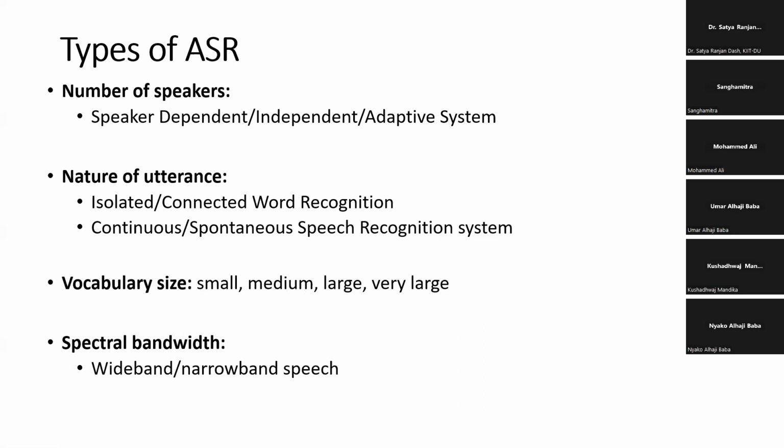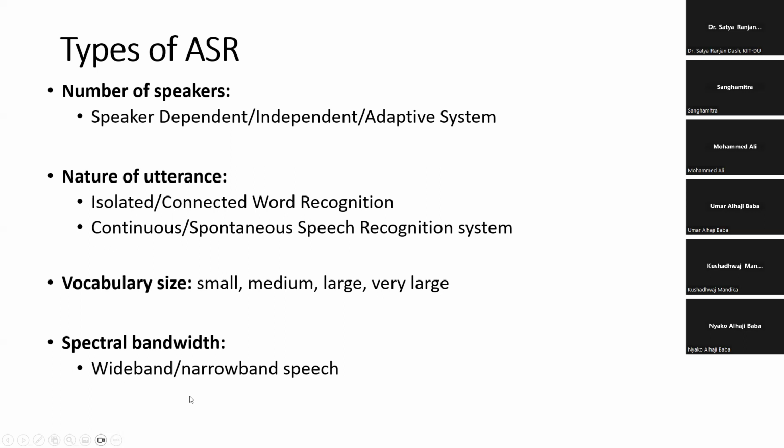Then another type of ASR will depend on the spectral bandwidth, that is whether the input speech that is used will be wideband or narrowband. Because if the speech that you are getting is the output from a telephone or a mobile, then it is going to be band limited to a particular frequency range, say around 300 to 3000 hertz.